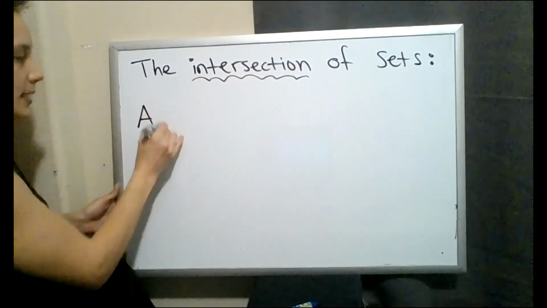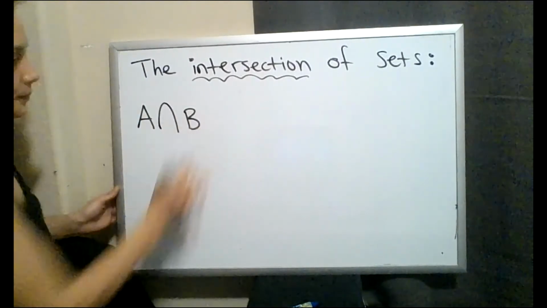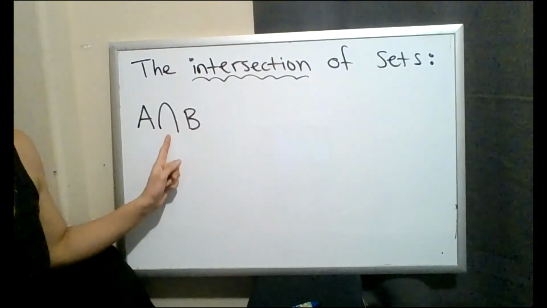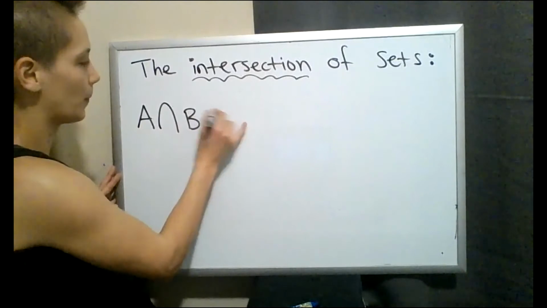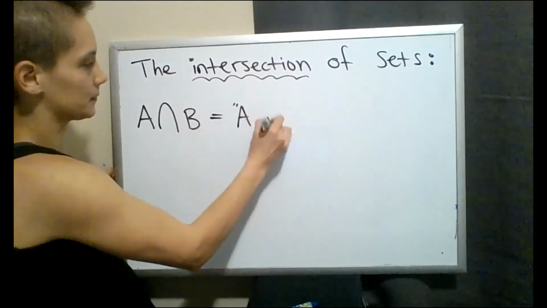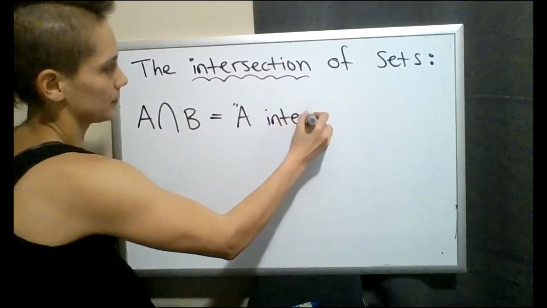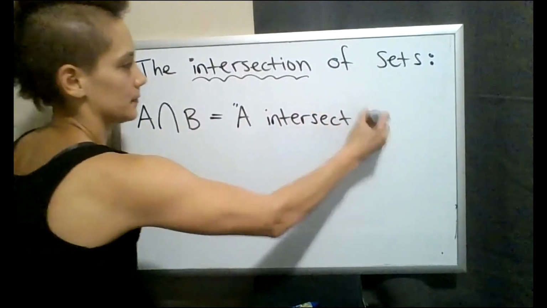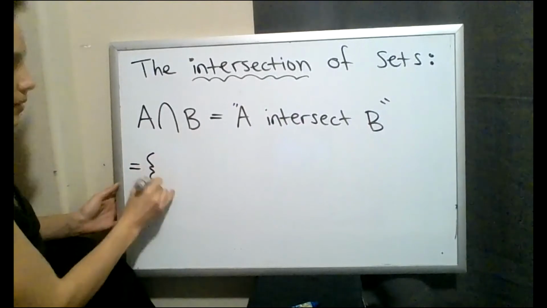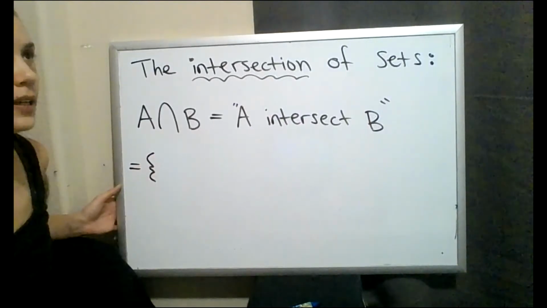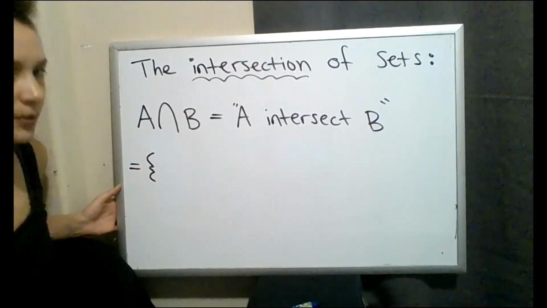A intersect B. So that symbol is for intersection. It's an A and B. So you start your set with the curly bracket. Your elements are from the universe.